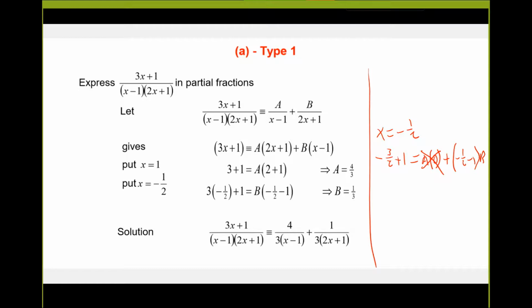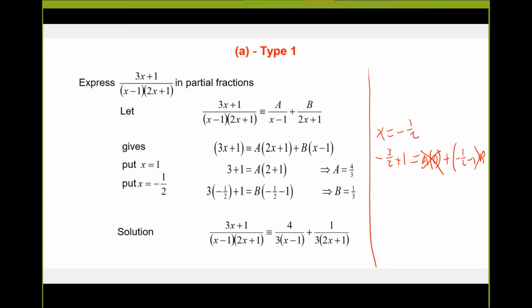Negative 3 over 2 plus 1 is negative 3 over 2 plus 2 over 2 is negative 1/2. Negative 1/2 minus 1 is negative 1/2 minus 2 over 2 is negative 3/2. So I'm going to multiply everything by 2 and then divide by negative 3 to get b is 1/3.